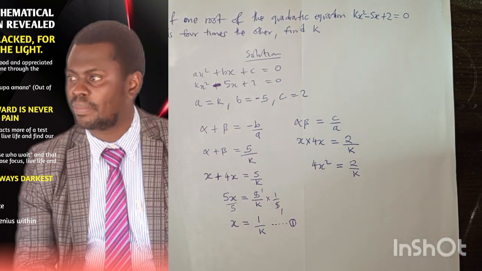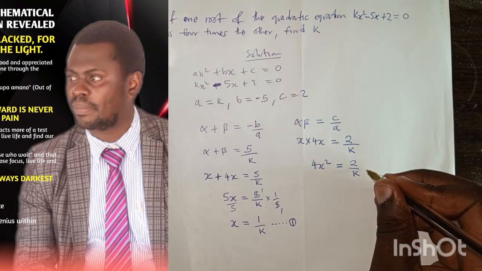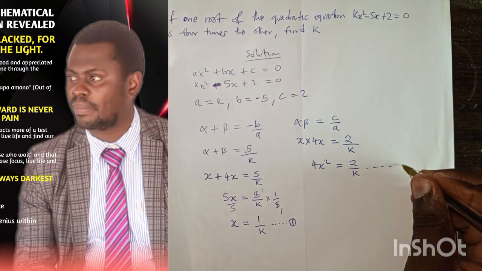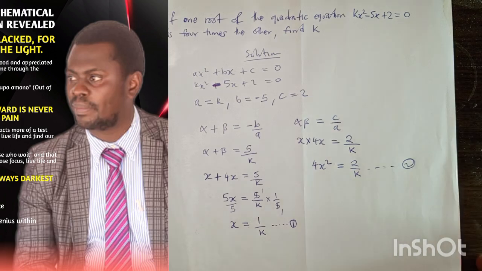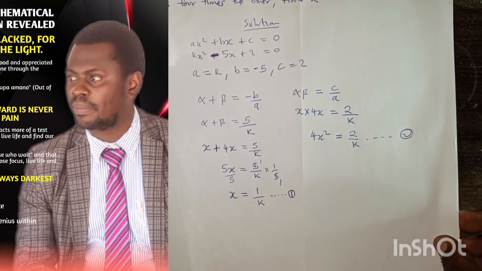This is equation 2. Now what we can do is, for equation 1, we've made x the subject of the formula, so we can just substitute equation 1 in equation 2 so that we solve for k.